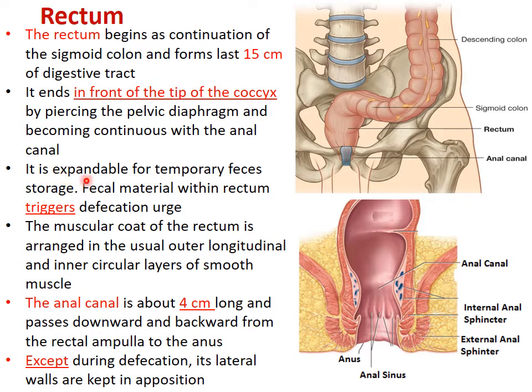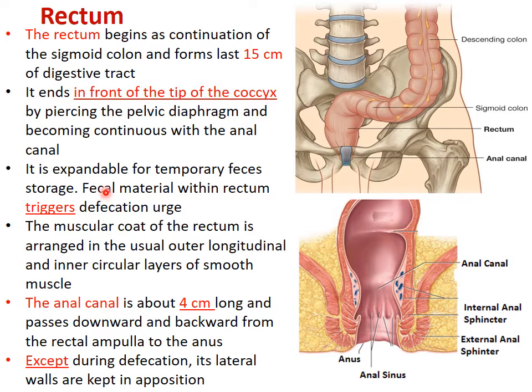Also, the rectum is expandable for temporary feces storage. Sometimes when you go to the toilet for defecation, you find a very continuous structure coming out. That is actually stored primarily in the rectum, which is continuous with the descending colon.